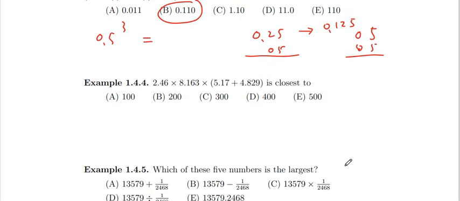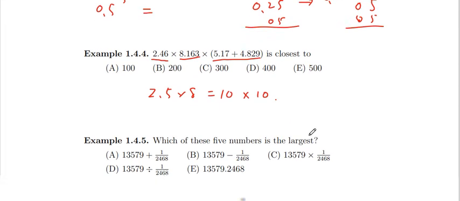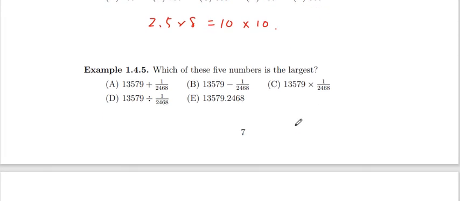And this is close to which one? Here we just say 2.5 multiplied by 8, so this equals 10, right? And this one is also another 10. Okay, which of these 5 numbers is the largest?